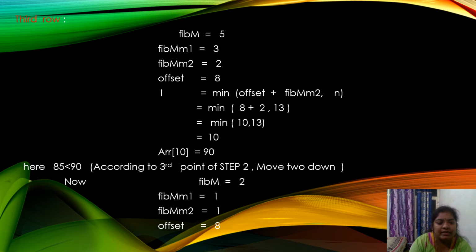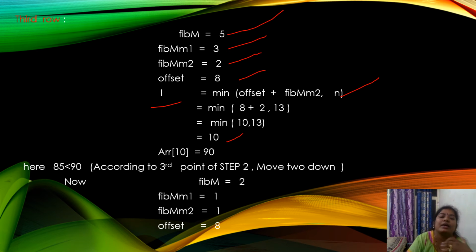Now coming to the third row. The output of the second row operation becomes the input to the third row. So the Fibonacci numbers are 5, 3, 2 and the offset value is 8. Similarly, calculate the index using this formula. The corresponding index is 10.